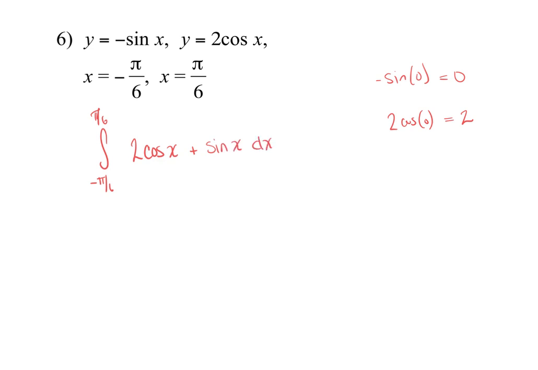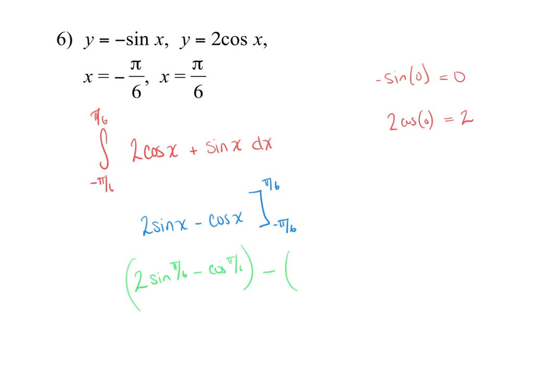Antiderivatives here. Hopefully you know your antiderivatives of your trig functions. Antiderivative of cosine is positive sine. Antiderivative of sine is negative cosine. And we're going from negative pi over 6 to a positive pi over 6. Then you're just plugging it in. So we have 2 sine of pi over 6 minus cosine of pi over 6.